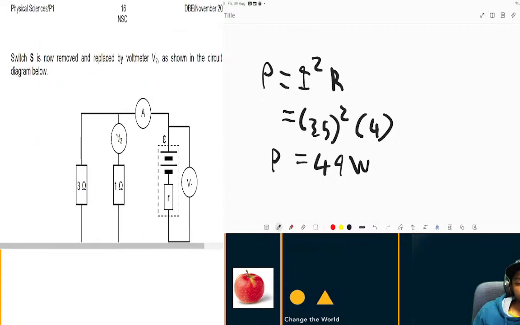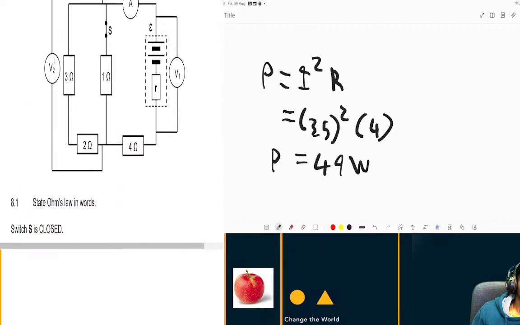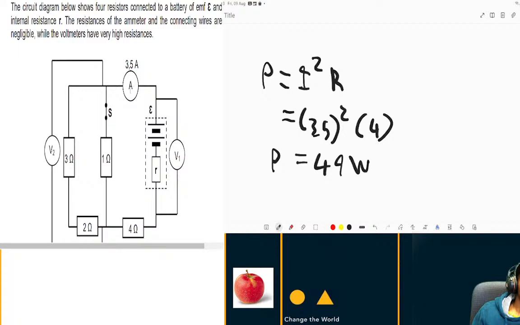So now, because there's a voltmeter here, you remember what you said about voltmeter and ammeter. A voltmeter only measures voltage when you connect it in parallel like this, like V1 and V2 in this circuit, and an ammeter is connected in series.